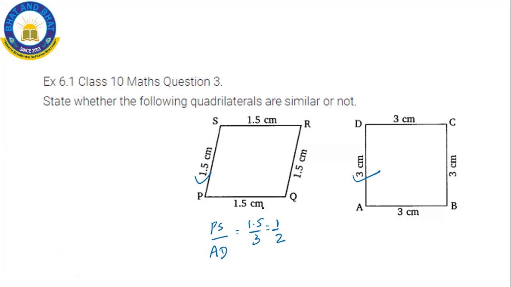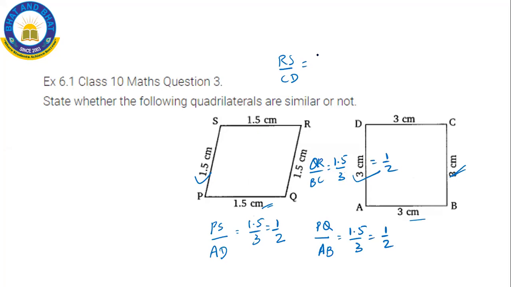PQ divided by AB is 1.5 divided by 3, that is also 1 is to 2. QR divided by BC is 1.5 divided by 3, that is also 1 by 2. And the last, RS divided by CD is 1.5 divided by 3, that is also 1 is to 2.